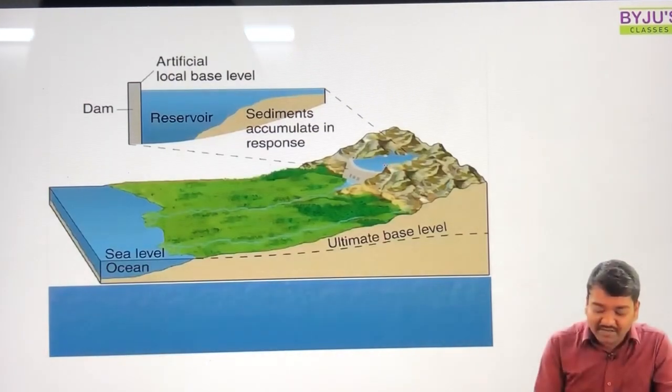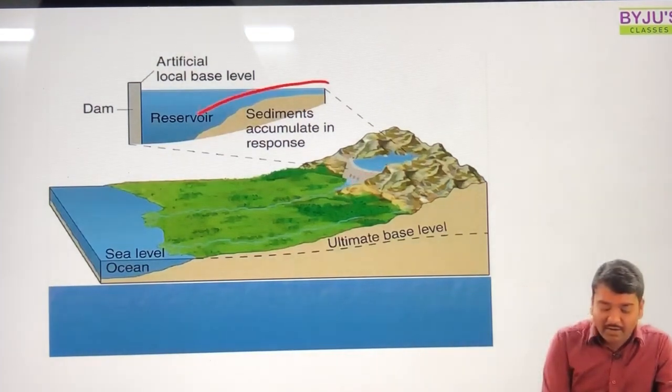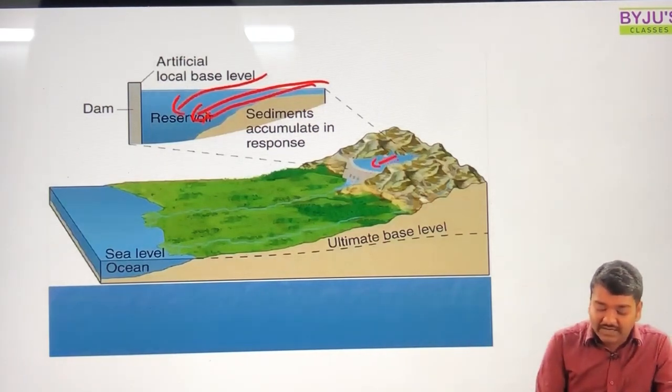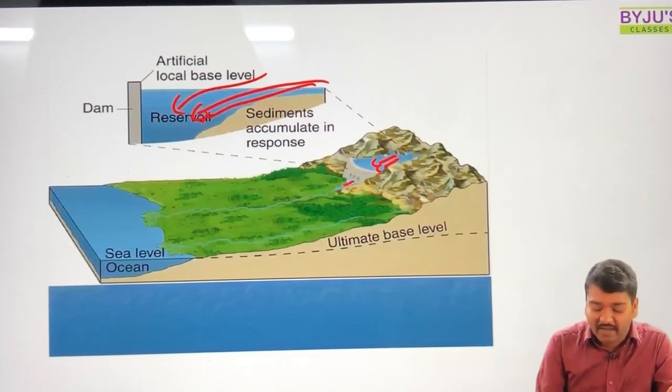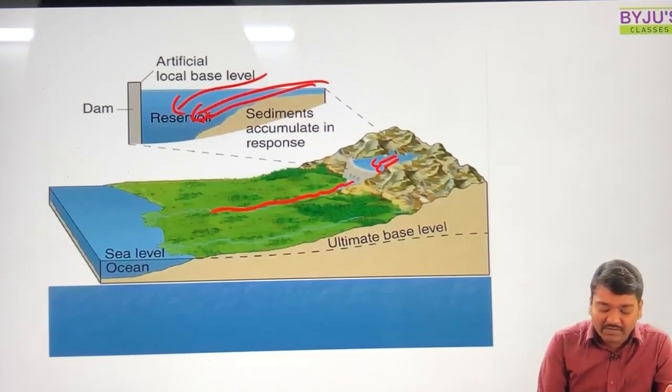See, can you see here? From the reservoir till the reservoir, all the rivers will come and stay. Once it gets accumulated here, it acts as the local base level. But again, when the dams are opened, the rivers will start flowing and reach the sea level.